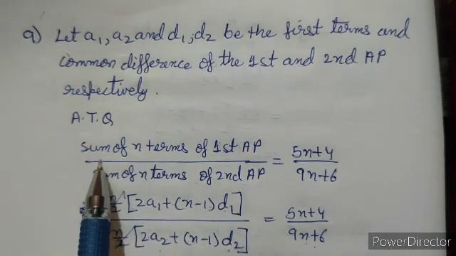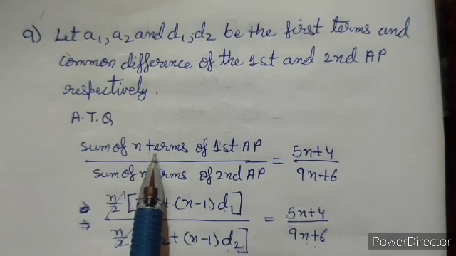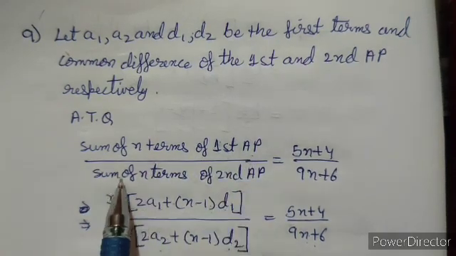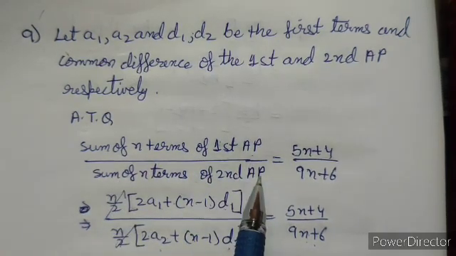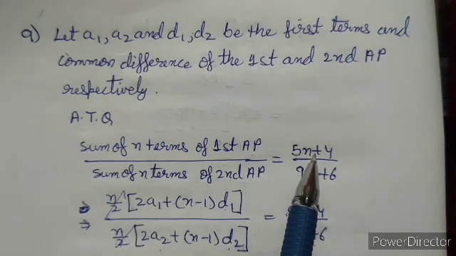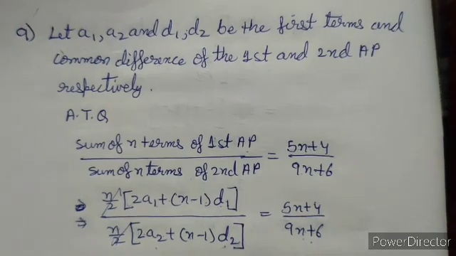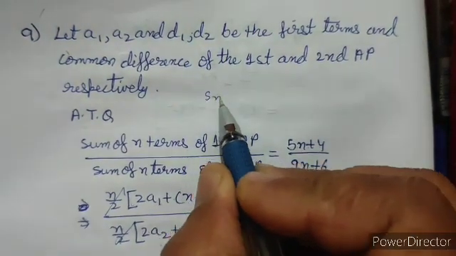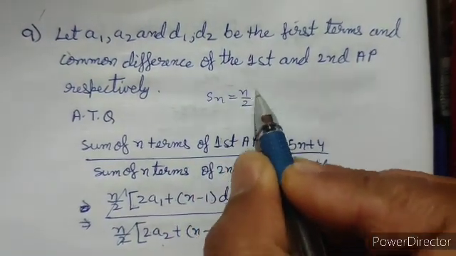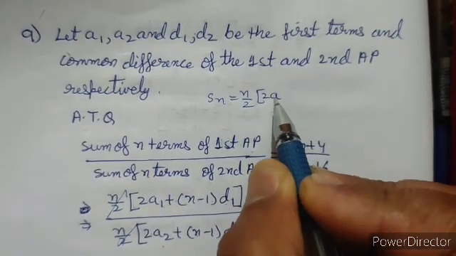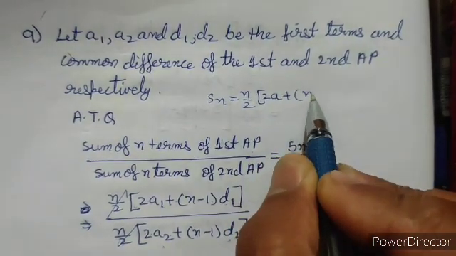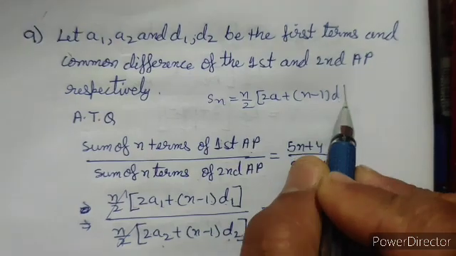Here it is given to us that the sum of the n terms of the first AP upon the sum of the n terms of the second AP is equal to 5n plus 4 upon 9n plus 6. Now as we know that Sn is equal to n by 2 into 2a, that is the first term, plus n minus 1 d.